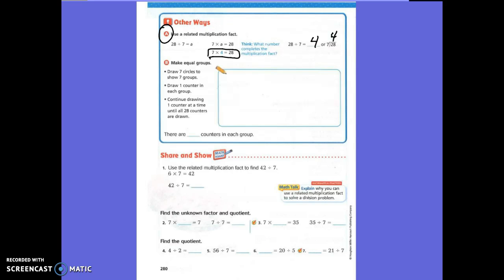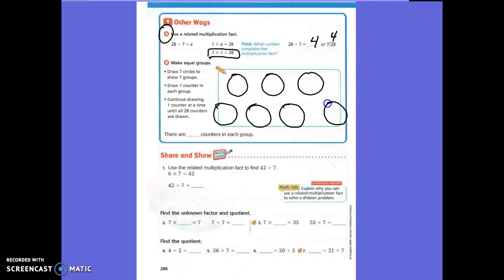Now, the other way. This is how you break apart the other way to do equal groups. You could draw, this is one way to make equal groups, but you could draw 7 big circles for the pies. Okay, so 7 circles to show 7 groups.